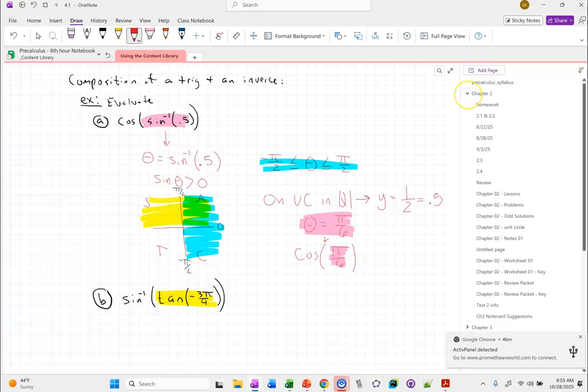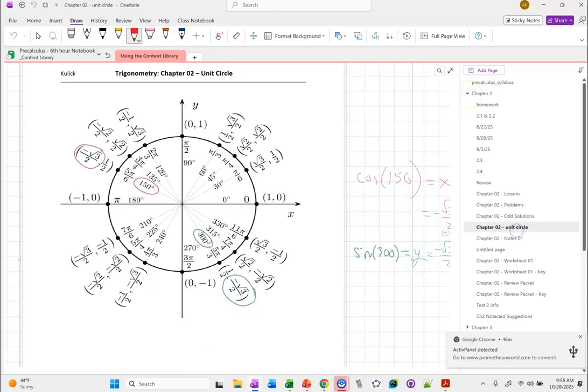I just go back to my unit circle. I find pi over 6, but this time I want the x coordinate because we're doing cosine of pi over 6. So my answer should be root 3 over 2. Everybody feel okay?